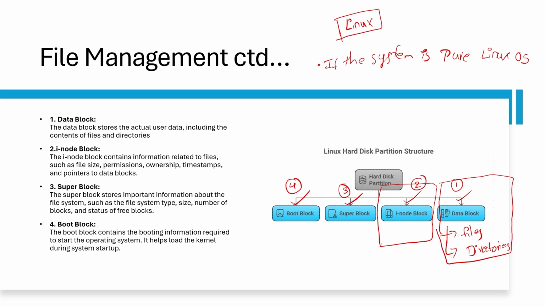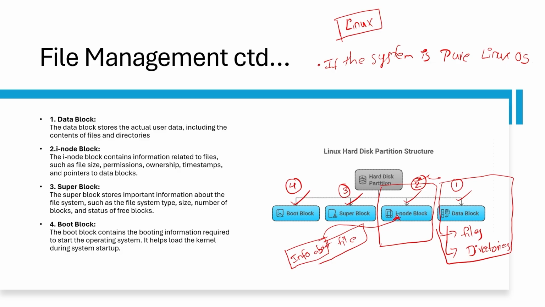Like that, when you create a file, one block is created that contains information about the file, and that is present in the inode block.